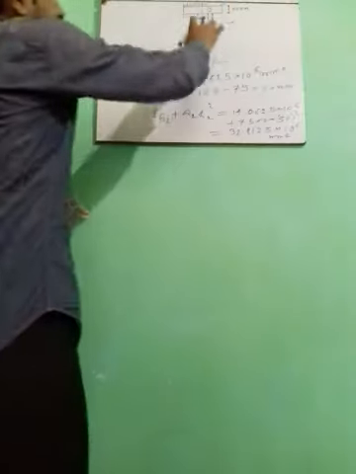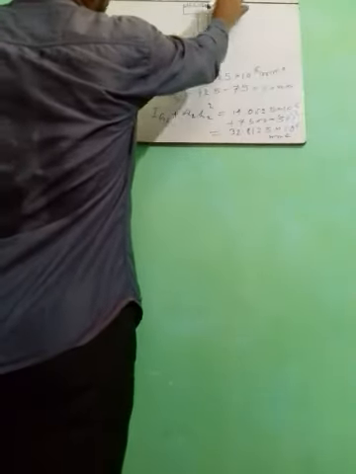Now the MI of the total figure will be the summation of the MI of the first figure and the MI of the second figure.